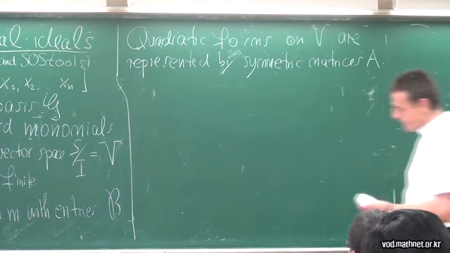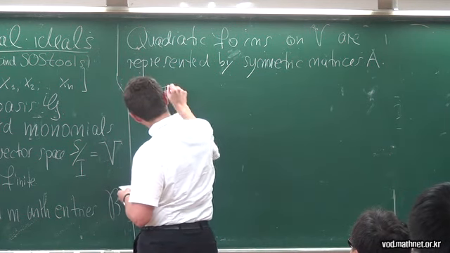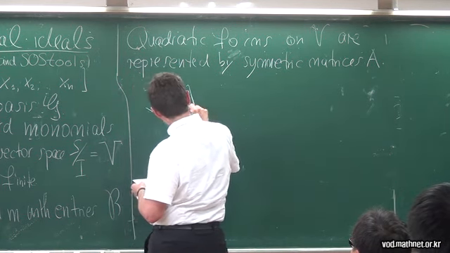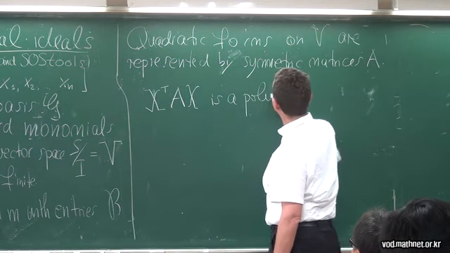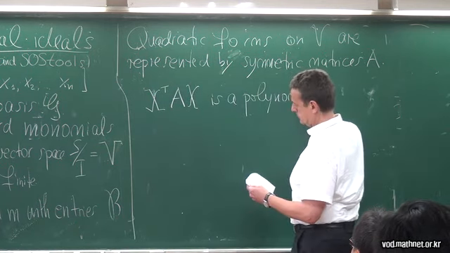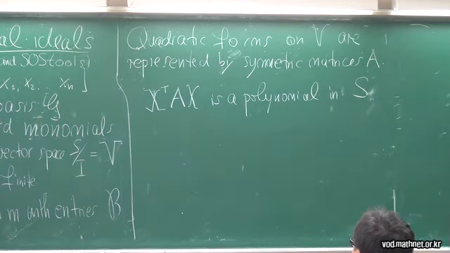So then, if we're given such a symmetric matrix, then X transpose A X is a polynomial in the polynomial ring. Right? So X transpose, a row vector, times a constant matrix times a column vector, that's a scalar, but that's a polynomial.